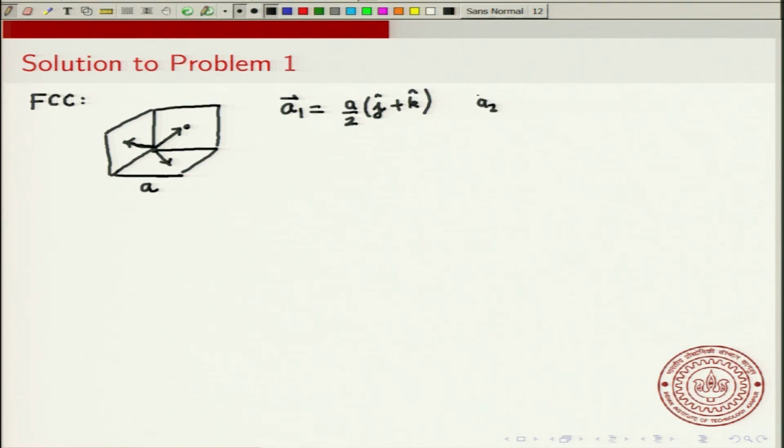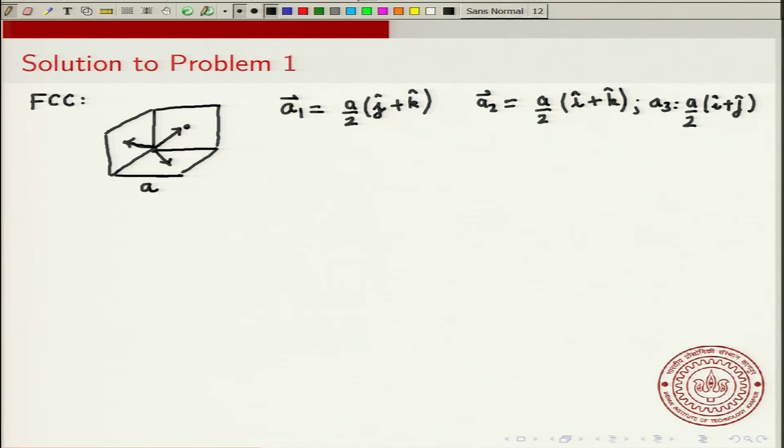A2 is equal to A by 2 times i plus k, and A3 equal to A by 2 times i plus j.